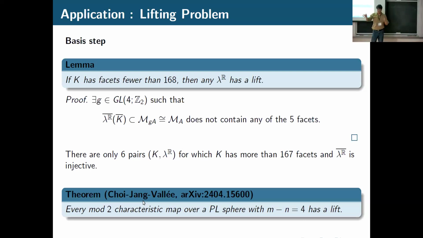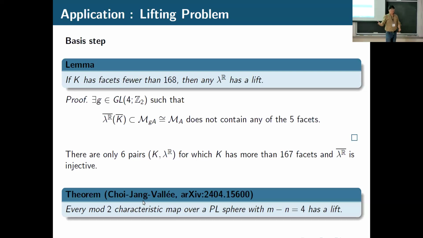For those cases, we can construct the mod 2 characteristic map directly, one by one. So we have this result: every mod 2 characteristic map over a PL sphere with m minus n equal to 4 has a lift.